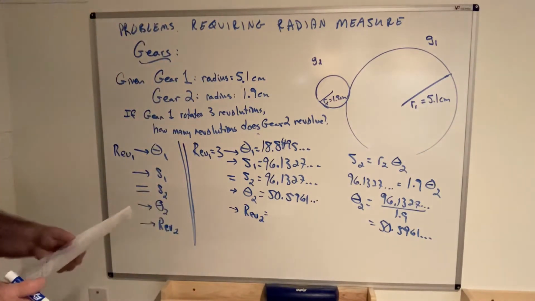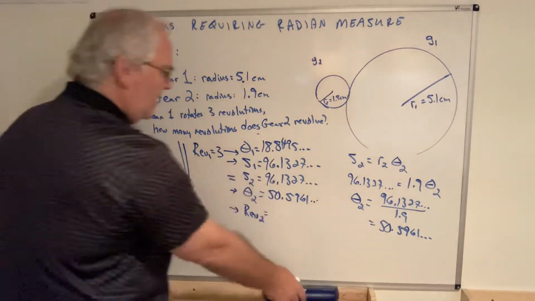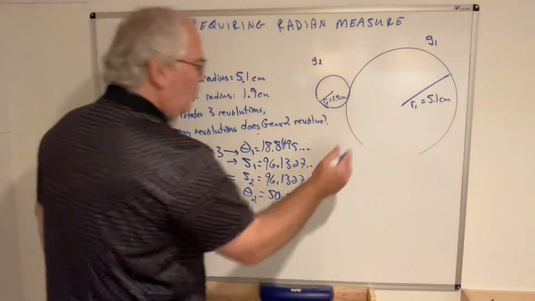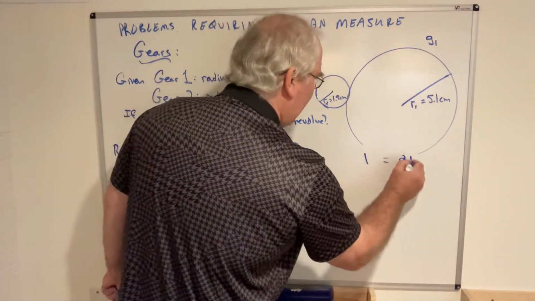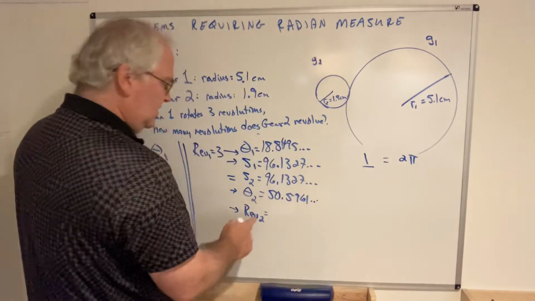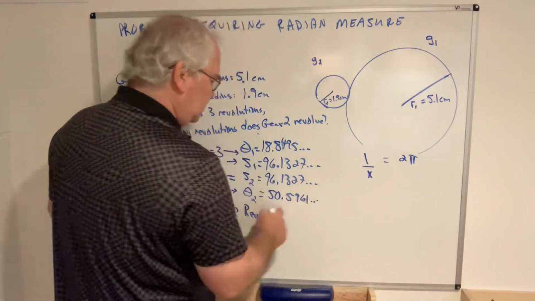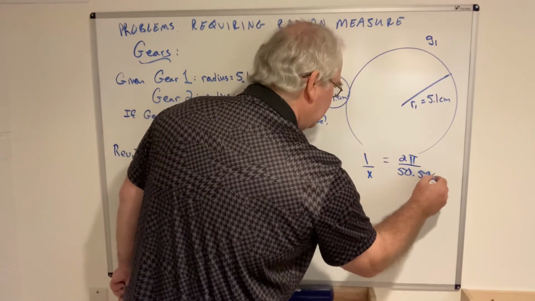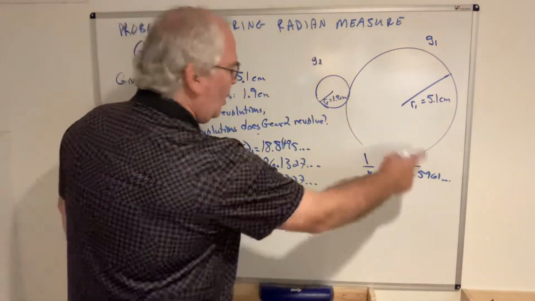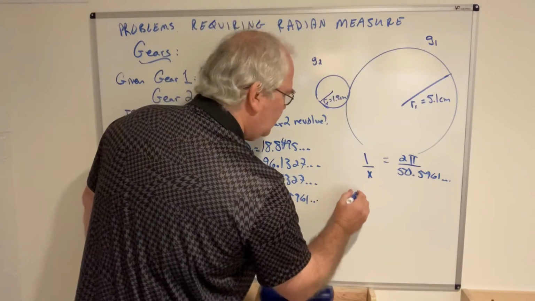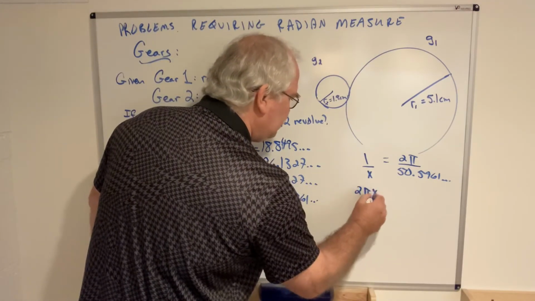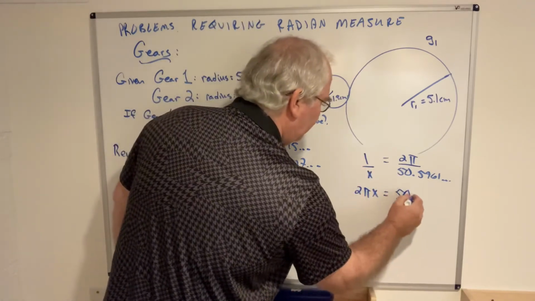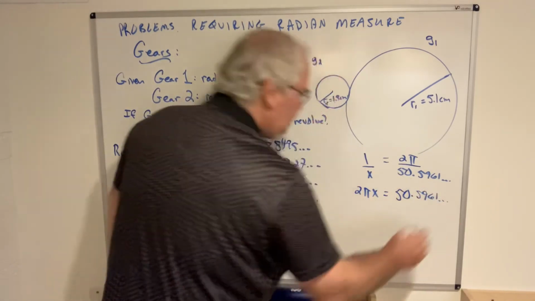And the revolutions for gear number 2, again, I'm running out of space. You would just continue on your paper. So 1 revolution is to 2 pi, as we don't know how many revolutions are to 50.5961 and so on. Cross multiply. So 2 pi times x is equal to 50.5961.